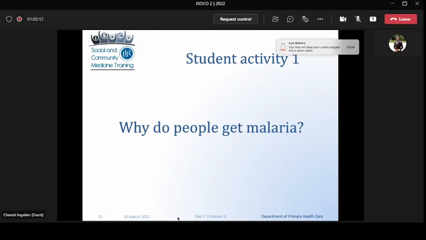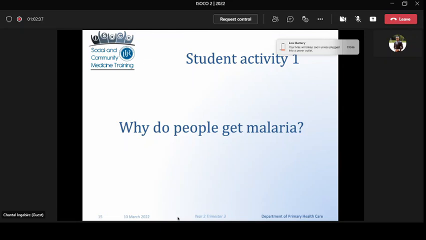I think about the exposure: the people living near the swamps, the people living in forestry or tropical areas. It can be an exposure to different factors that can attract those female Anopheles that can cause malaria.